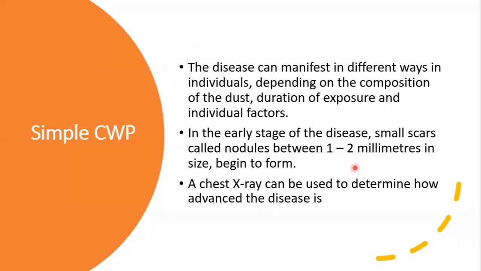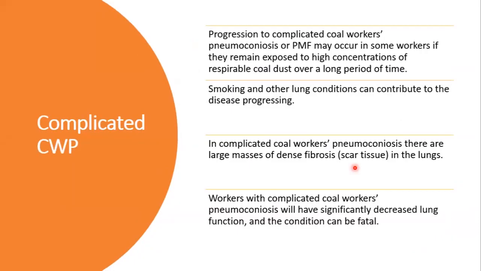All right, so chest X-ray can be used to determine how advanced the disease is. And you can have small scars or nodules present. The bigger problem is the complicated form. Smoking and a lung condition can contribute to the disease getting worse.